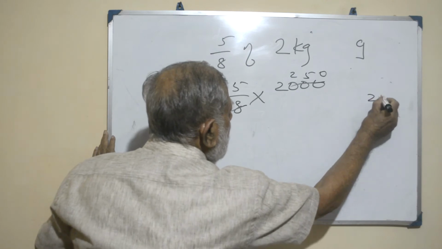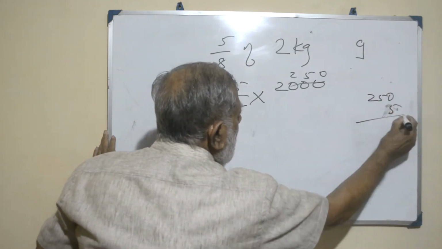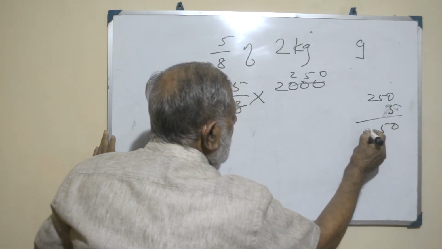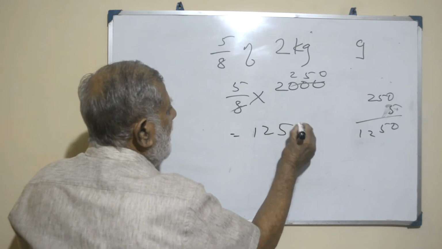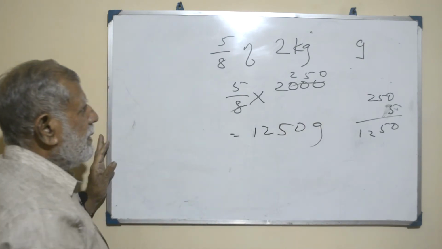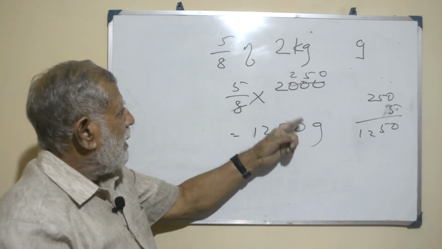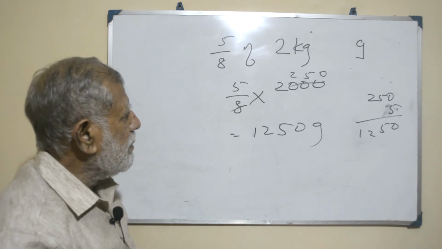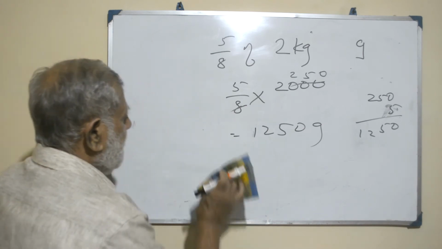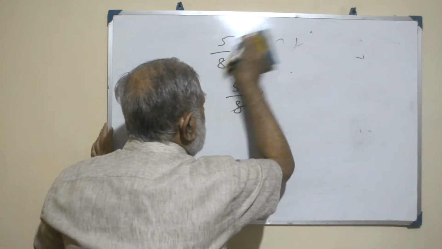Then multiply 5 into 250, that is equal to 1250 grams. Here you must know the table. So 2 kilograms is 2000. Okay, so that's all the types, all the sums will be of that type.